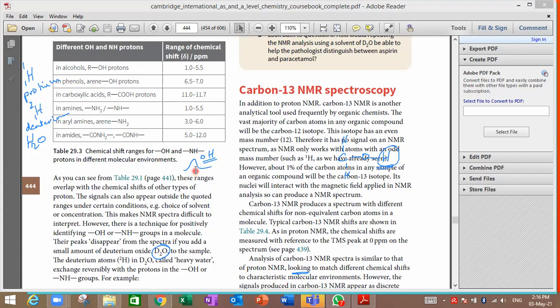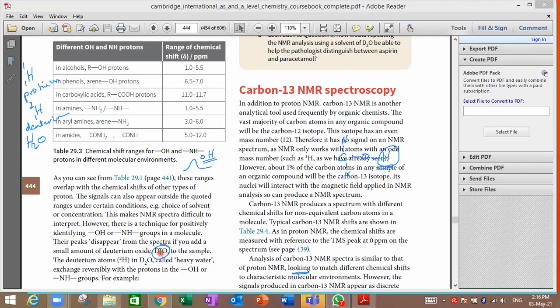So if we want to find out whether this is an OH or an NH and not a CH, we use deuterium oxide, which is water using deuterium instead of hydrogen. And since deuterium has 2 protons and neutrons, an even number, it will not absorb in the NMR spectrum. If we do our NMR spectrum at the beginning in normal water or in any other solvent containing water, we will get this peak.